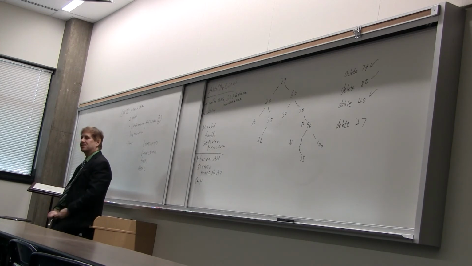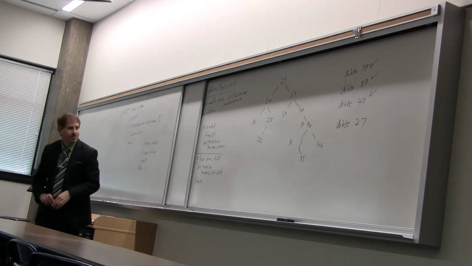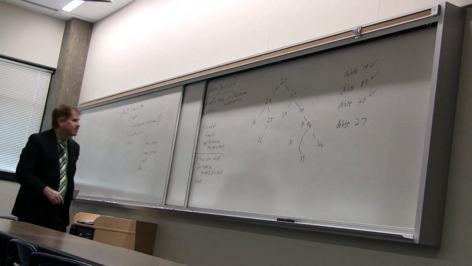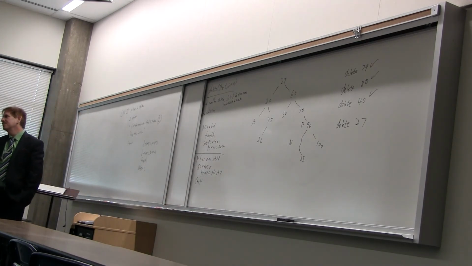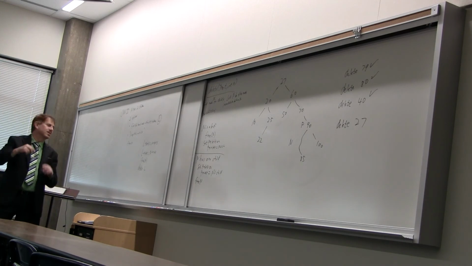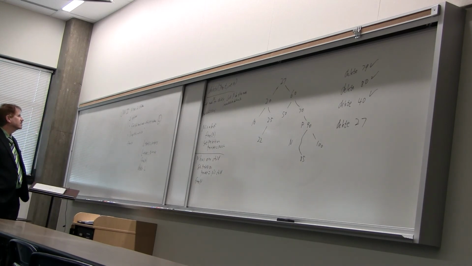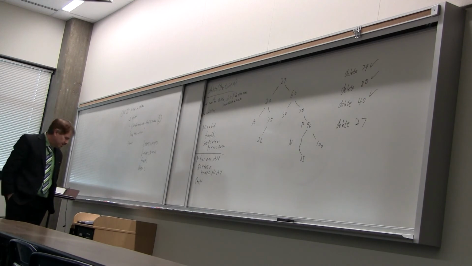And if you have a good insert routine, you have a good traverse routine, you can use those to debug your other routines, right? If you want to delete, make your first modification and traverse the tree, see how it looks, take your next step, see how it looks, and so on. But it's one of these things that can be very long to debug, because one wrong pointer and everything is totally different.